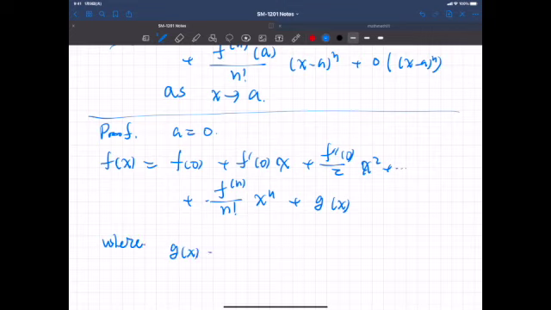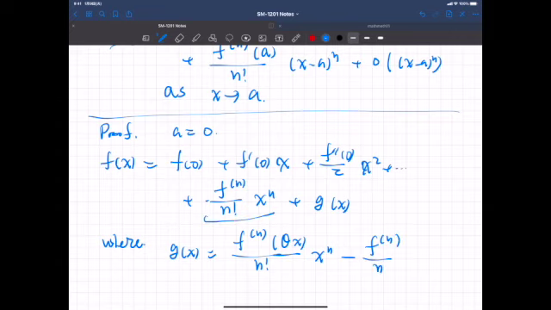where g of x is defined as this. And wait a minute, since it's a remainder it should be f^n of theta x over n factorial x to the power of n, minus this last term evaluated at 0, f^n of 0 over n factorial x to the power of n.